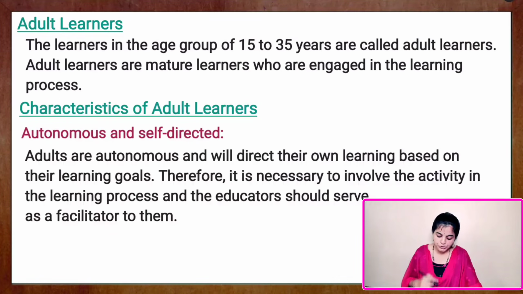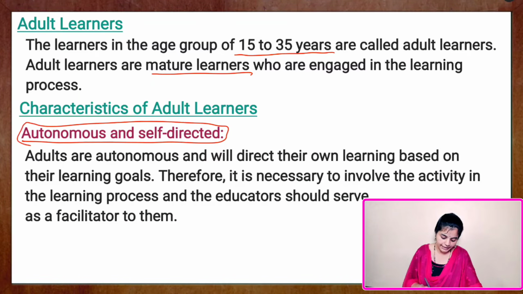Learners who fall in the age group of 15 to 35 years are called adult learners. So these adult learners are mature learners who are engaged in the learning process. Moving on to the characteristics of these adult learners, they are autonomous and self-directed.